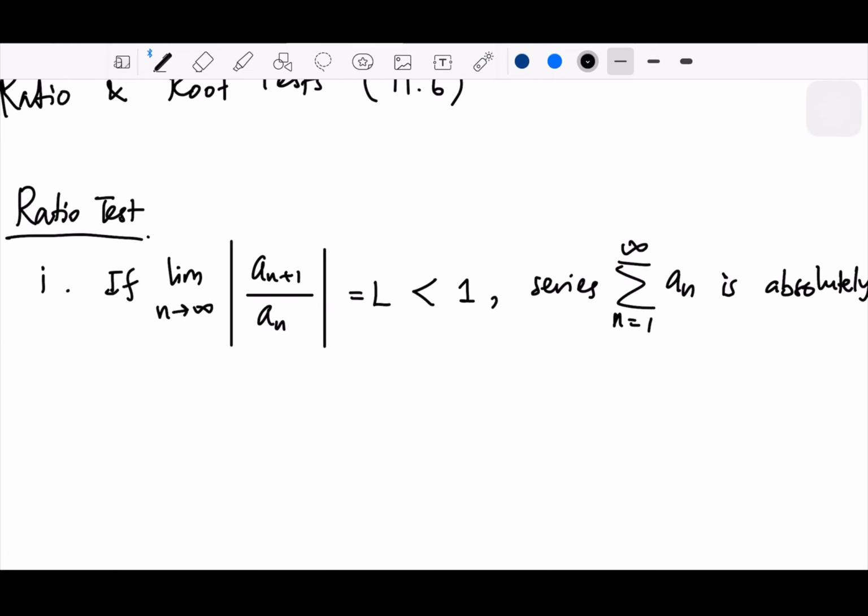I believe the ratio test is one of the most applicable methods.